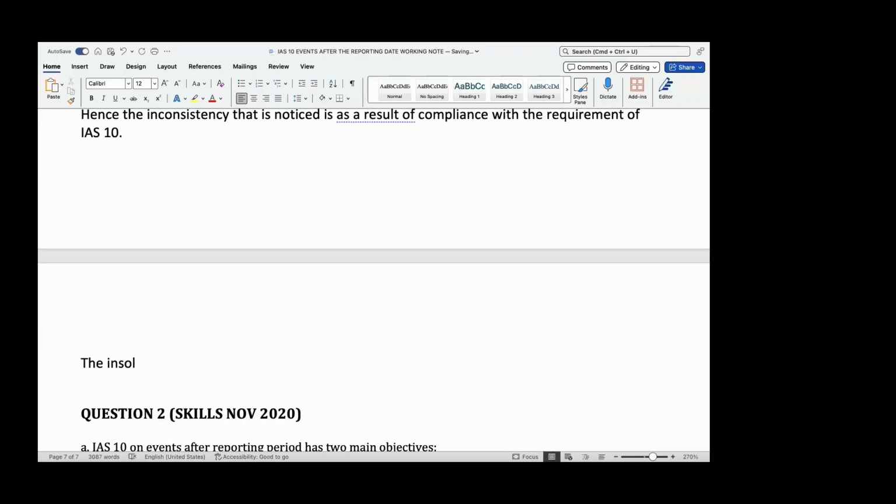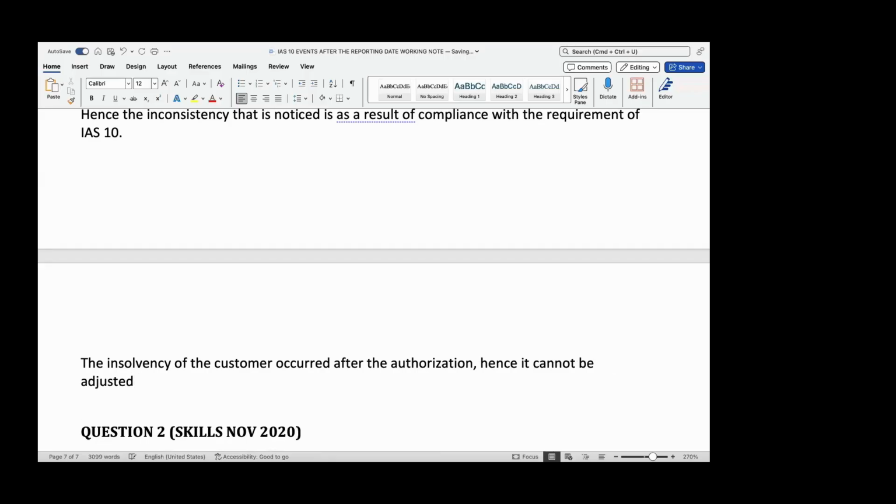So the insolvency of the customer occurred after the authorization date. Hence, it cannot be adjusted in the reports of the prior year.